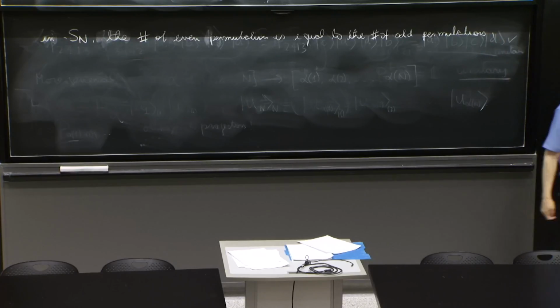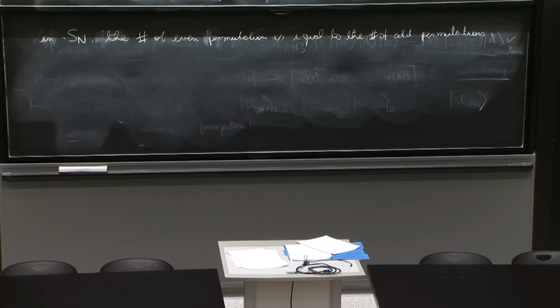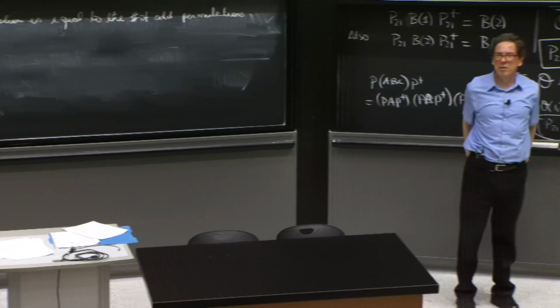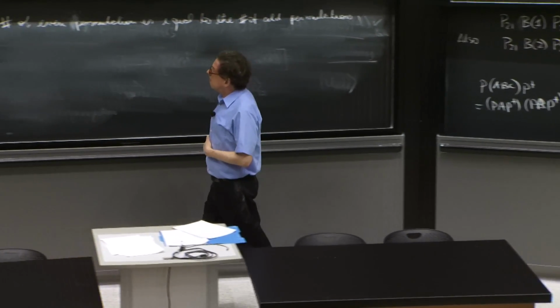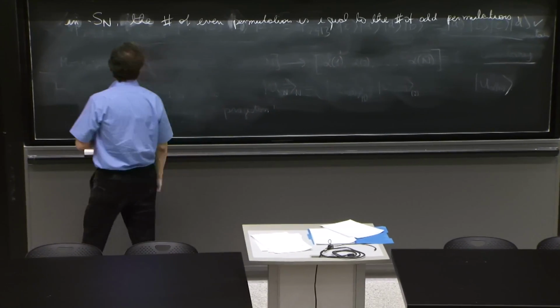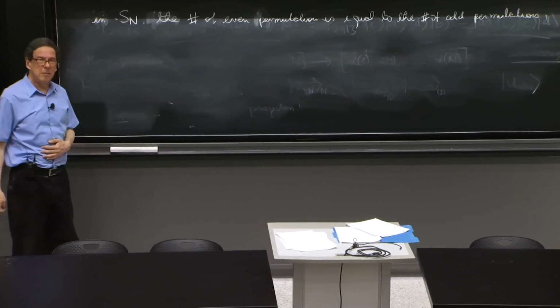It's a pretty nice result. There's equal numbers of even and odd permutations in any permutation group. Actually, it's surprisingly simple to show that.